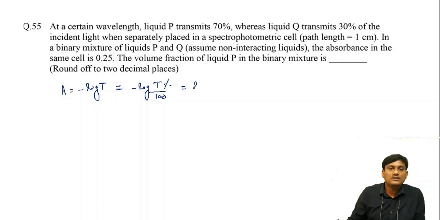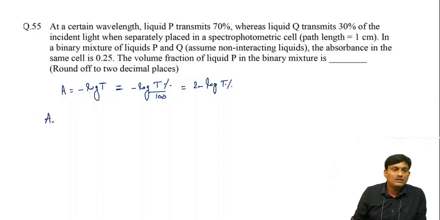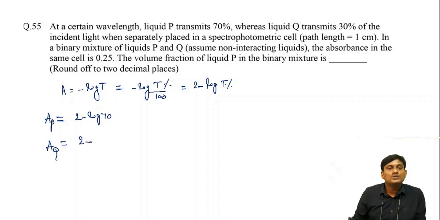So it can be written as 2 minus log T percentage. What is the absorbance of liquid P? AP is equal to 2 minus log 70, and AQ, the absorbance of Q, is equal to 2 minus log 30.